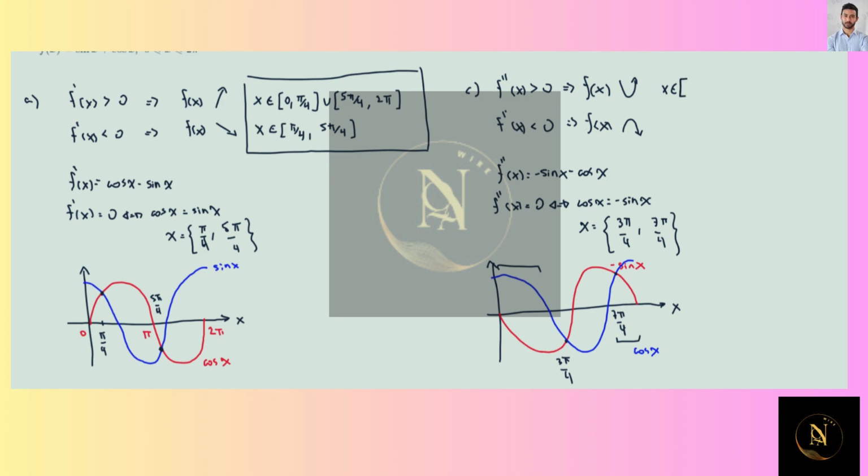So for x ranging between 0 to 3 pi over 4, and for x ranging between 7 pi over 4 to 2 pi. And otherwise, we will have a negative concavity, and this will be for x ranging between 3 pi over 4 and 7 pi over 4.